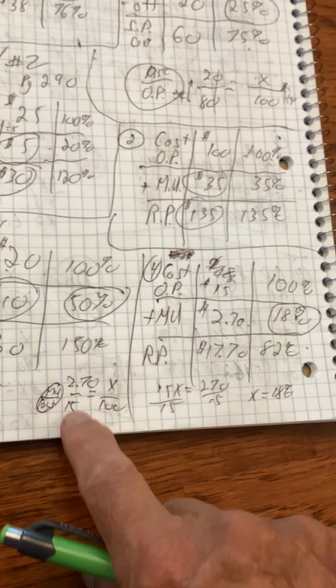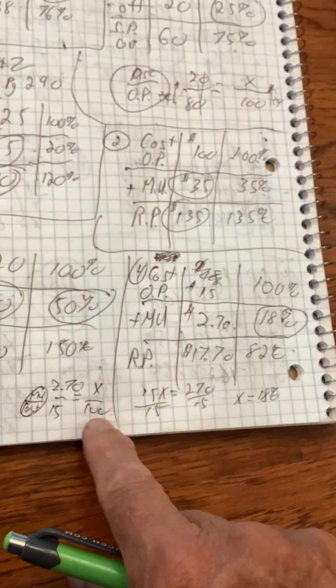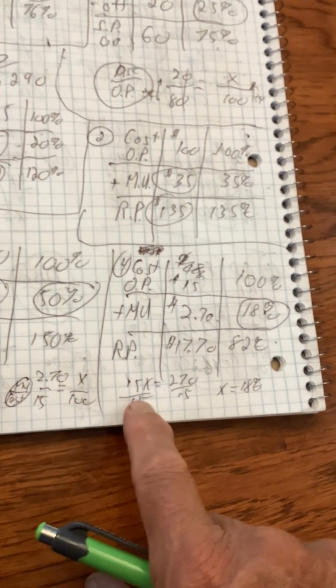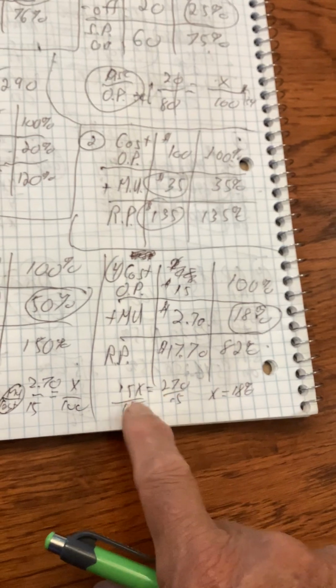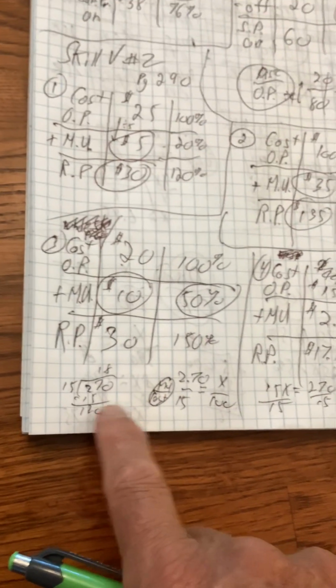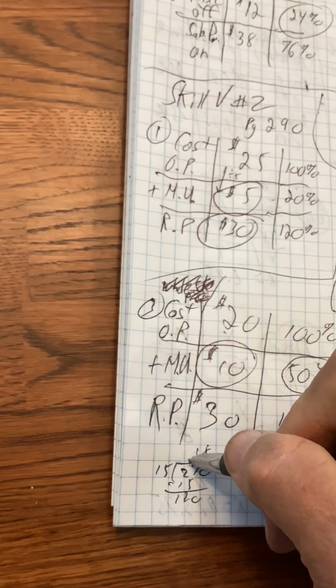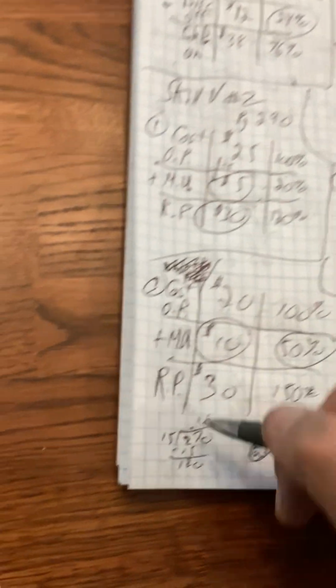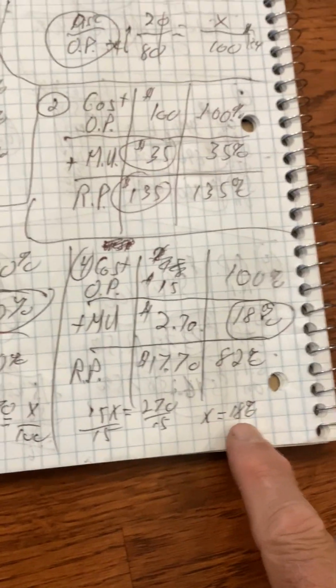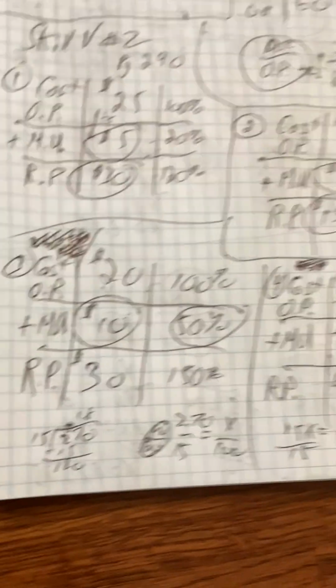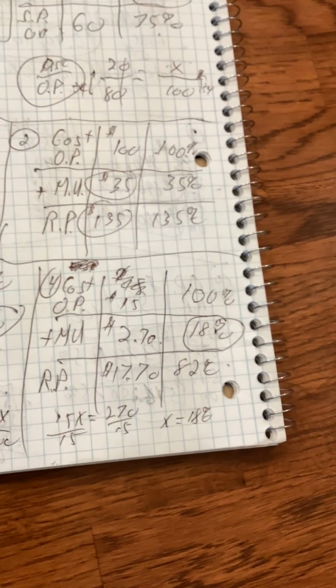I did 270 over 15 equals something over 100. Crisscross, 15x equals 270 divided by 15. And here's my work over here. No decimal point, sorry. You get 18%. So your markup rate was 18%.